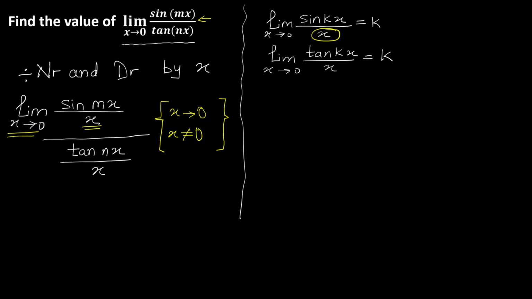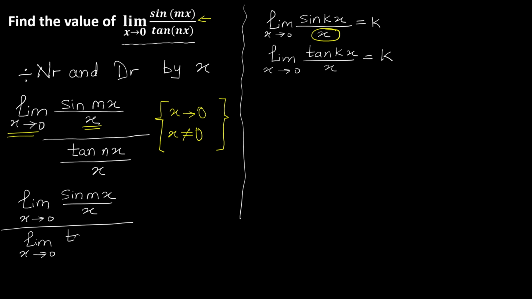So we'll split the limit into numerator and denominator. You have limit x tending to 0 of sine mx over x, divided by limit x tending to 0 of tan nx divided by x.